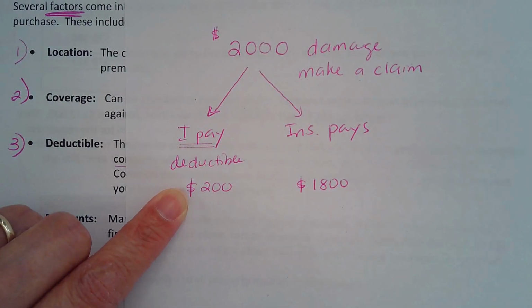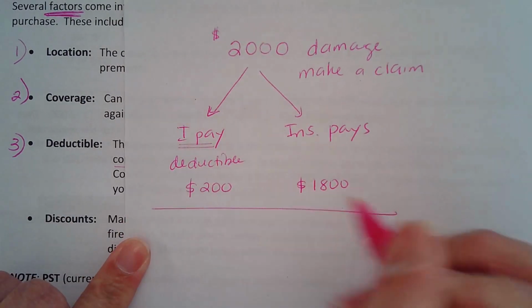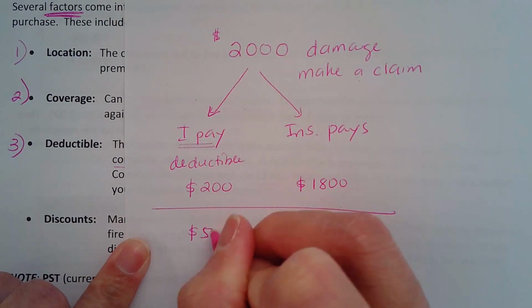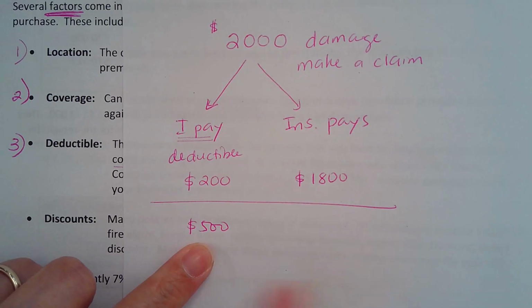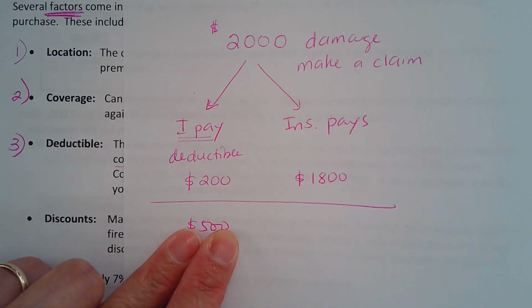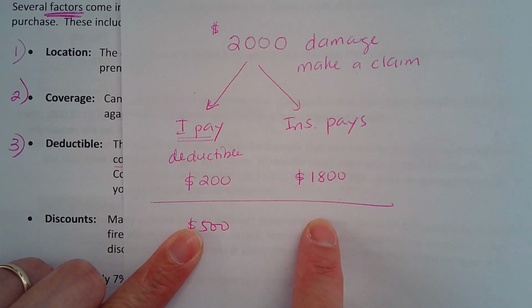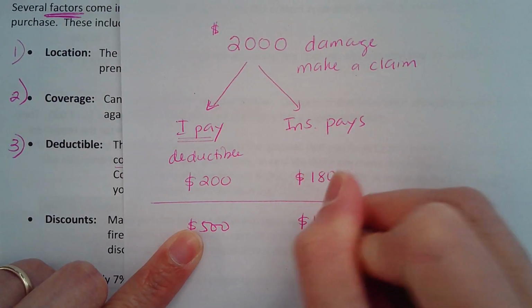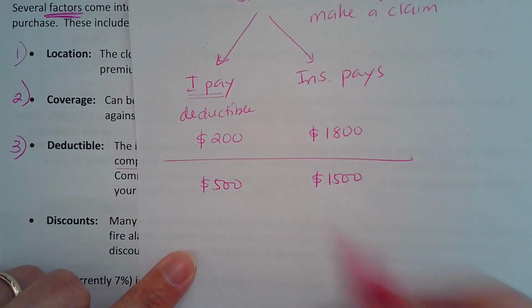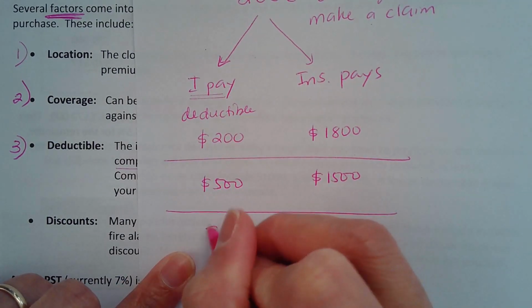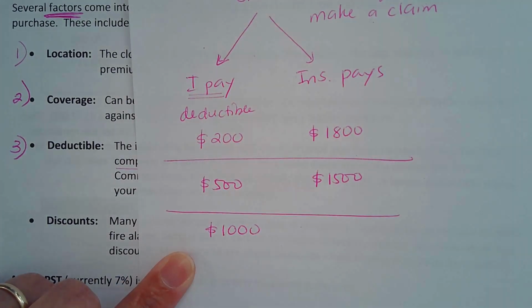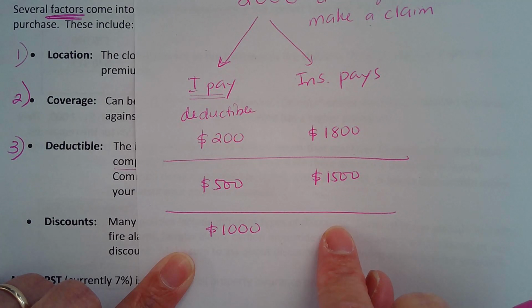Now if my deductible is $500, I pay $500. How much does the insurance pay? $1,500. If my deductible is $1,000, how much does the insurance pay? The other $1,000.